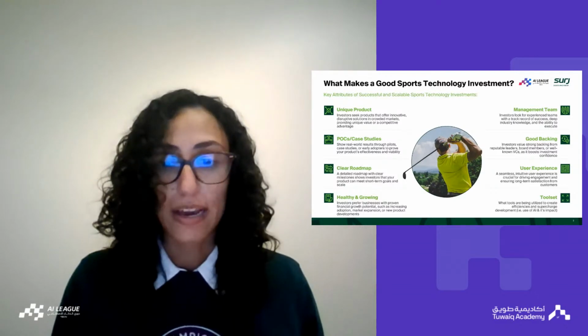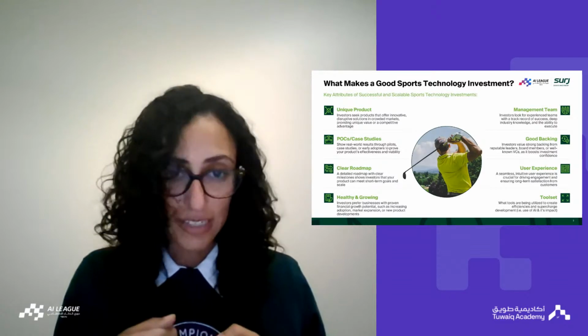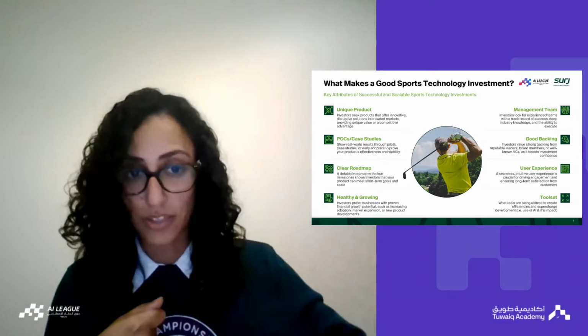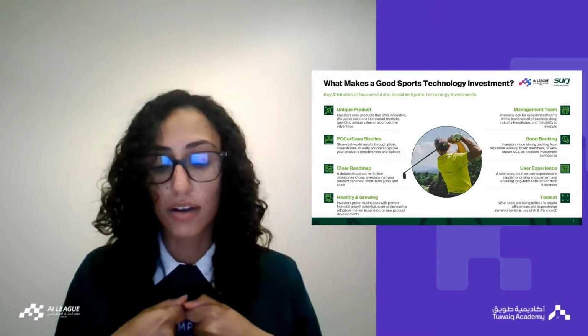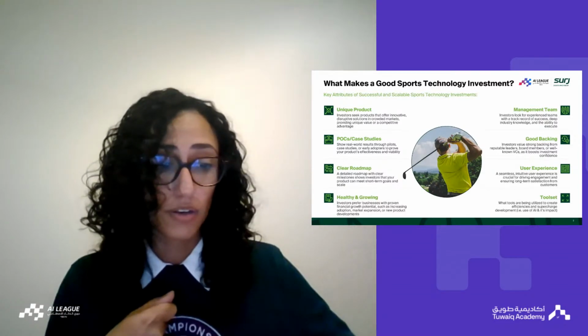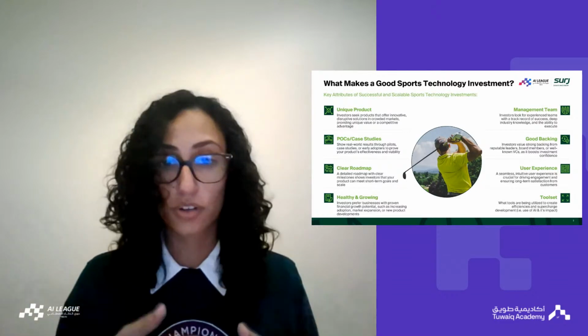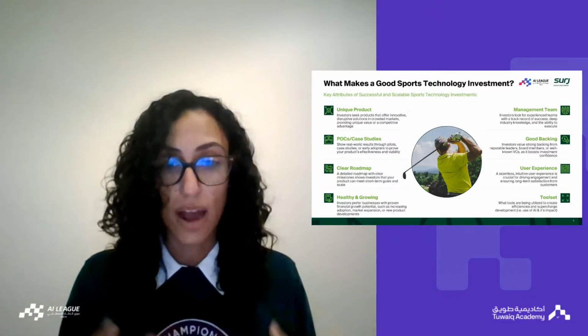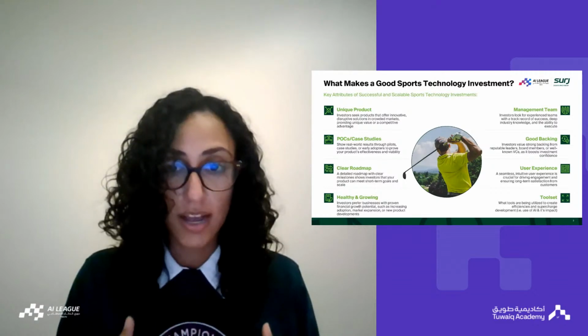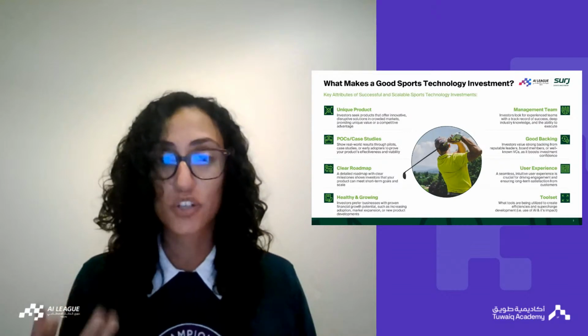The next point is having a good backing. And when we say a good backing, it doesn't necessarily mean you have to have existing investors that are world class. It could be your mom, your aunt, your uncle, your cousins, all of them contributing, as long as you have a solid community that is supportive of your vision and is able to help you grow your business and grow your product in as efficient a way as possible.